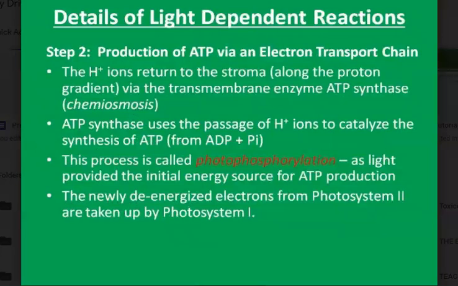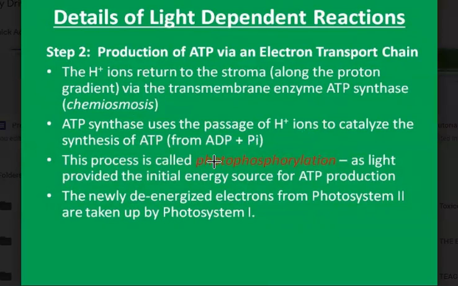And then, a continuation of step two, you have production of ATP via an electron transport chain. The hydrogen ions return to the stroma along the proton gradient via the transmembrane enzyme, ATP synthase. Now the ATP synthase uses the passage of hydrogen ions to catalyze the synthesis of ATP from ADP and inorganic phosphate.